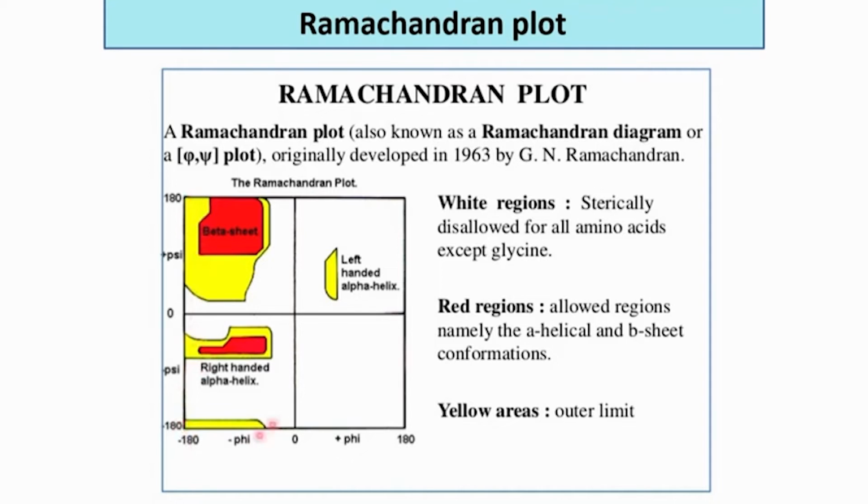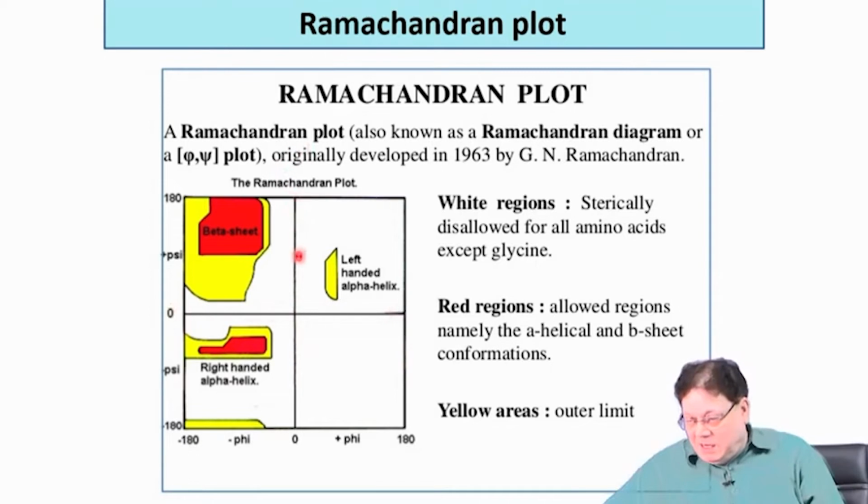Okay. And you see that he bisected it with two lines. This is the 0 line, that is the other 0 line, that means here phi is 0 and here psi is 0, and a complete rotation will be 360 degrees.